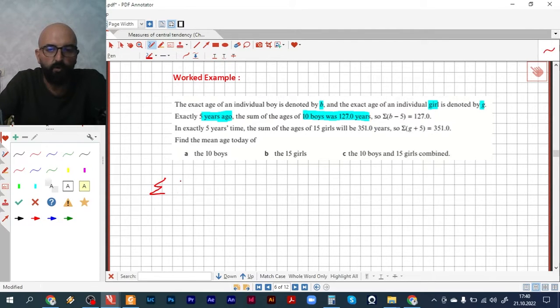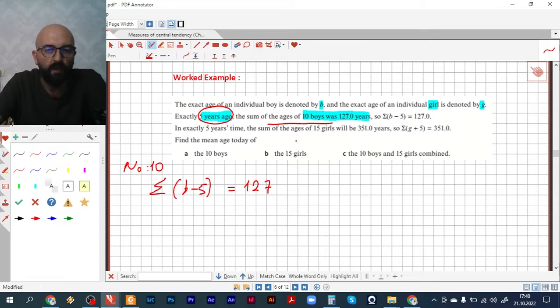So the number of B minus 5, because they tell us 5 years ago the sum of age of 10 boys. So our data, number of our data 10, because we have 10 boys, is 127.